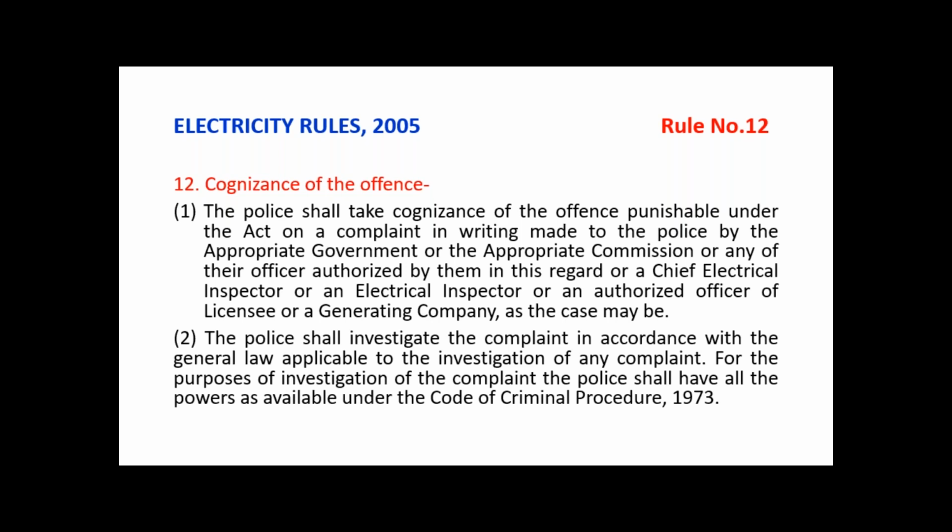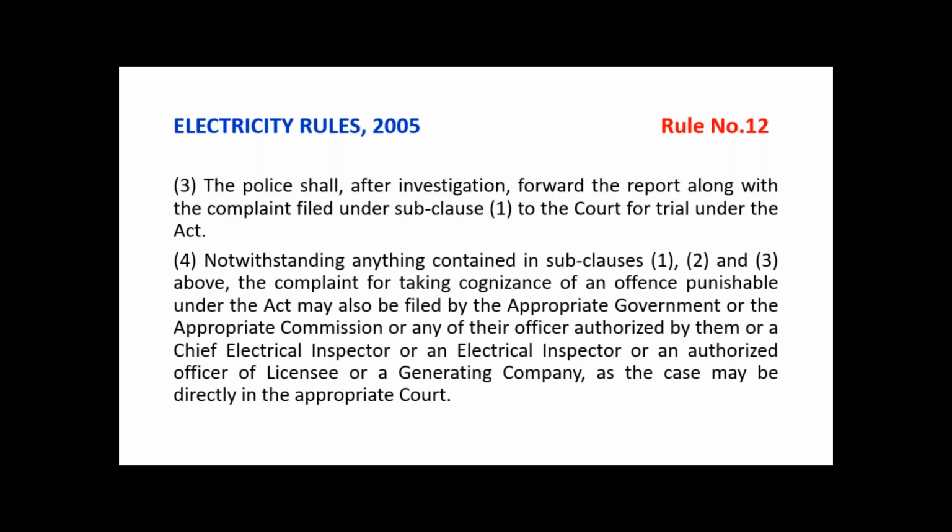The police shall investigate the complaint in accordance with the general law applicable to the investigation of any complaint. For the purpose of the investigation, the police shall have all the powers available under the Code of Criminal Procedure 1973. So police can handle this offense under the criminal procedures.